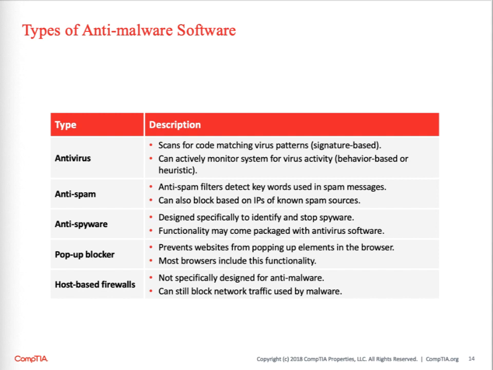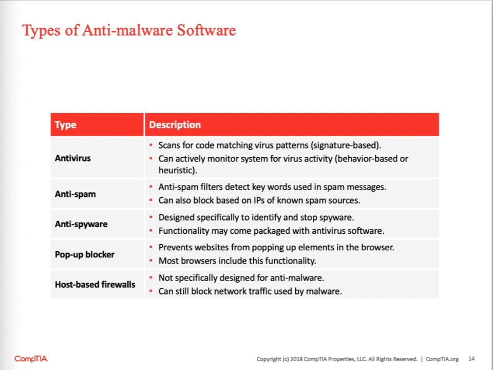Antivirus is going to scan for code matching specific virus patterns. Antivirus software is going to actively monitor the system, maybe with signature-based antivirus software, so it's looking for activity that matches a certain signature of a specific virus.